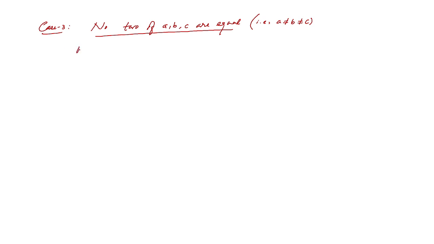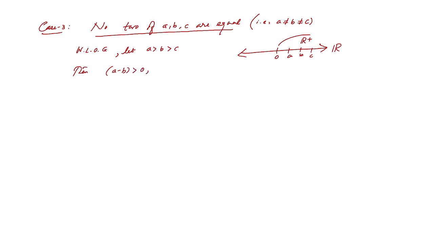For example, without loss of generality, let us consider a greater than b greater than c. Think of a real line, and here 0 is there. We are just talking about positive real numbers, so consider a here, b here and c here, because we only look at the positive side, the R plus portion. So let a be greater than b greater than c, then a minus b is obviously greater than 0.